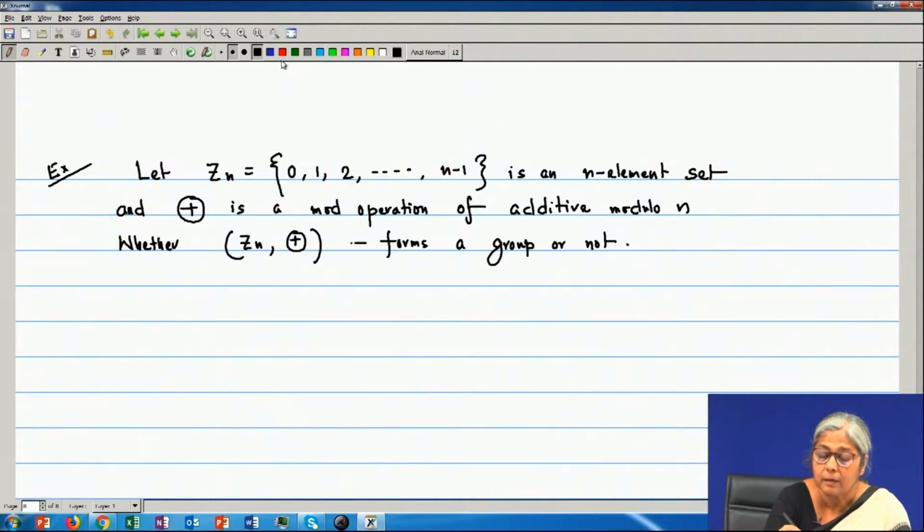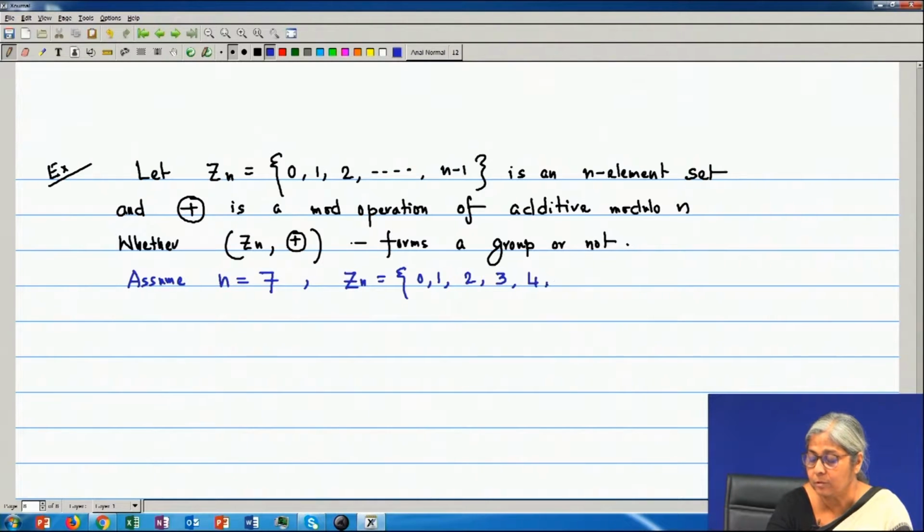Okay. Let us consider or assume n equal to 7. That means my Zn is 0, 1, 2, 3, 4, 5, 6.